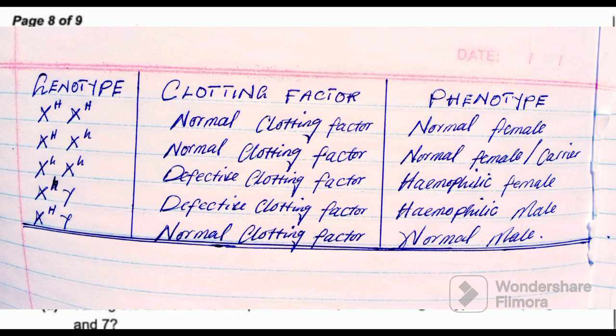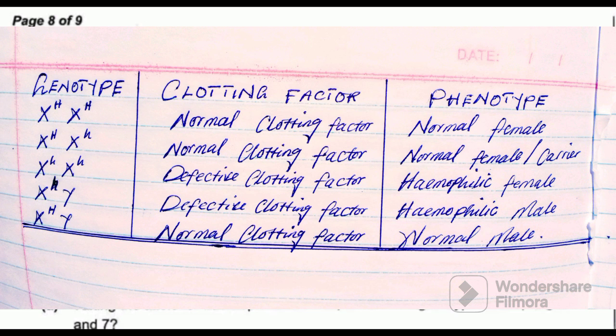The genotype X to the power capital letter H, X to the power capital letter H, shows a normal clotting factor, and under phenotype, that person is a normal female.